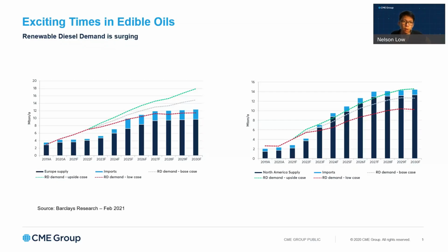This can be in the form of biodiesel, this can be in the form of renewable diesel. They're slightly different. I'm not going to go into the details of the difference between them, but in essence, the Western world is beginning to use more and more biodiesel or biofuels in their energy mix.